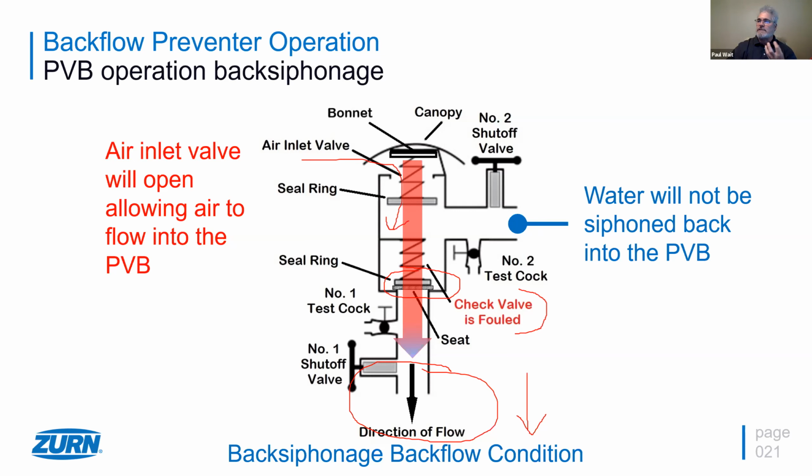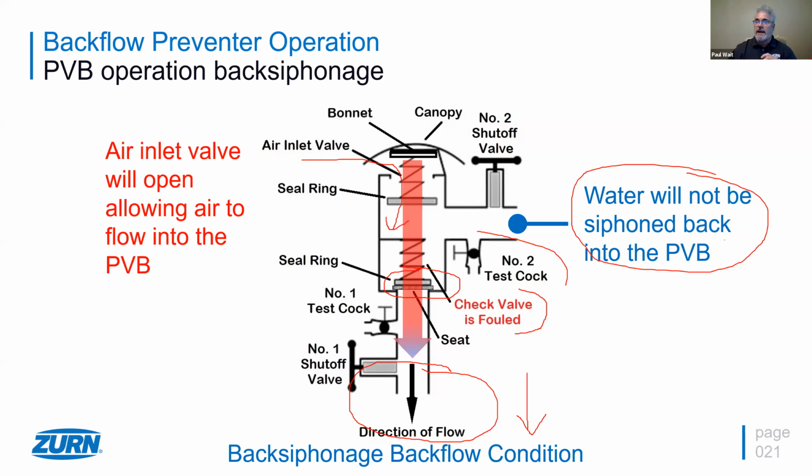As that air comes in and fills up the void, the water that's sitting here in this backflow preventer will probably siphon a little bit, but the water coming over here will not be siphoned back into the PVB. The air will be siphoned into the PVB, and this becomes a back siphonage backflow preventer. Very unique compared to an RP. And so that's why these work very well in back siphonage situations.